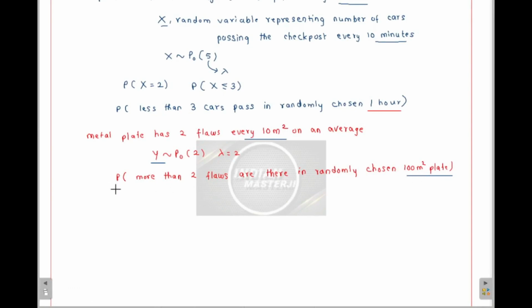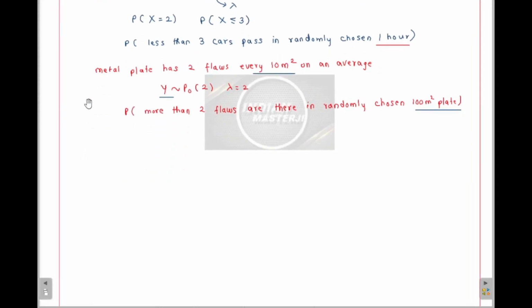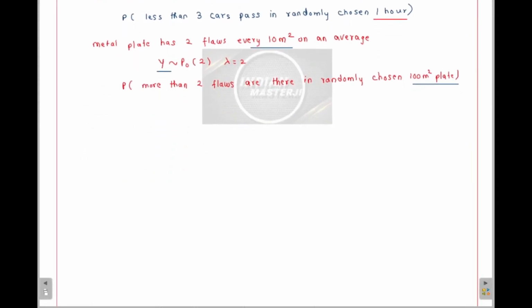So how to find the probabilities when the intervals are changing, interval of time or interval of space? This can be very easily solved by understanding the concept that in Poisson distribution the events occur at constant rate.